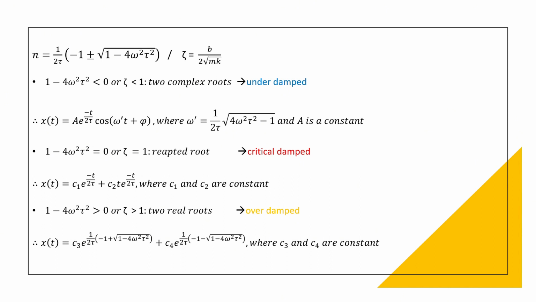Lastly, when the result is bigger than 1, or zeta is greater than 1, we'll get two real roots, and it's the overdamped situation. We can get the formula x of t on the screen, respectively.